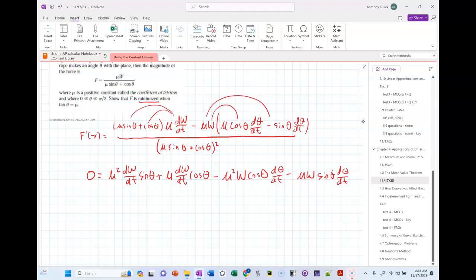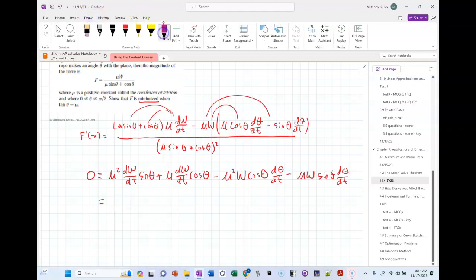All right, so let's say that we factor off a mu. Kind of feel like I don't want these differentials in here.